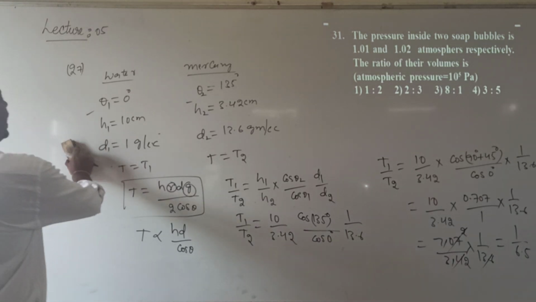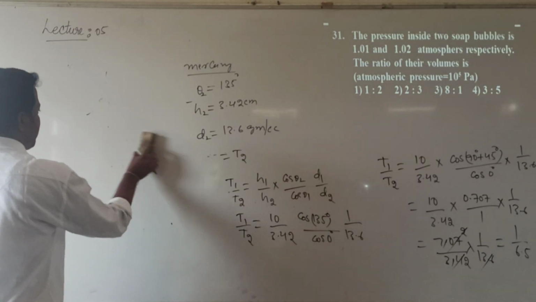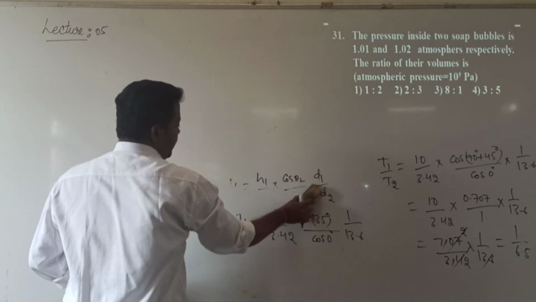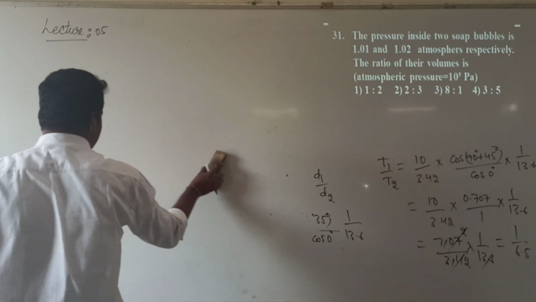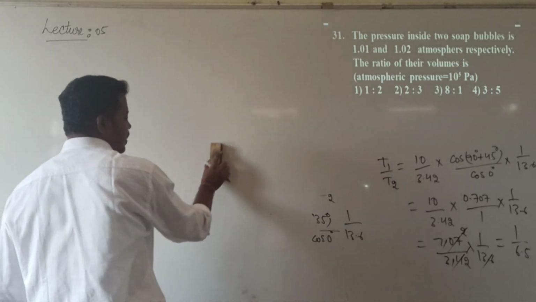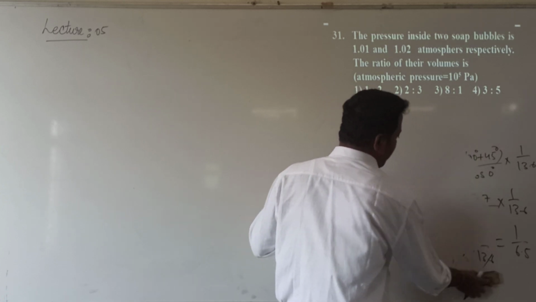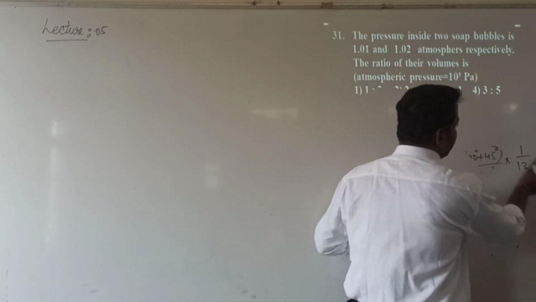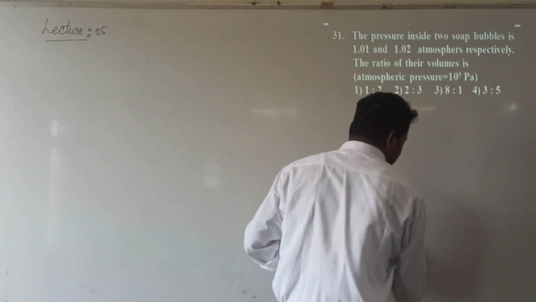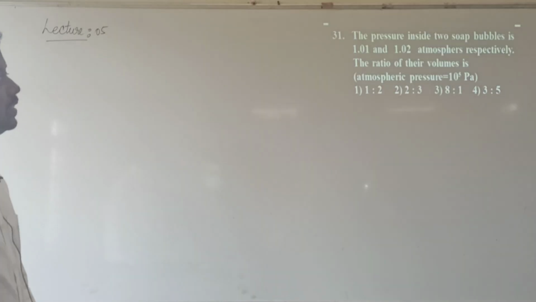Question number 29 is also the same model. Now question number 31. These are questions based on excess pressure.